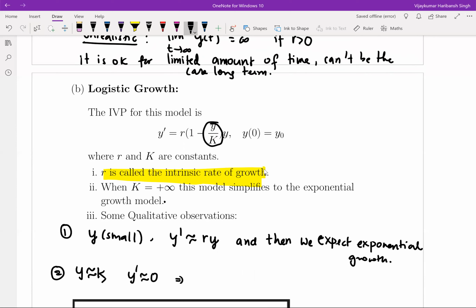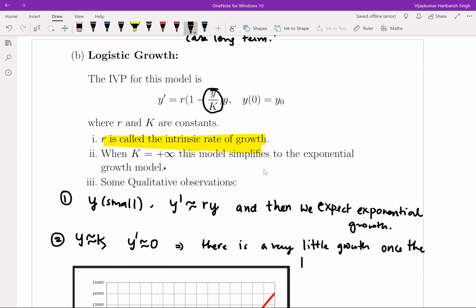This means there is very little growth once the population gets close to k.